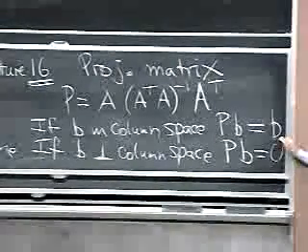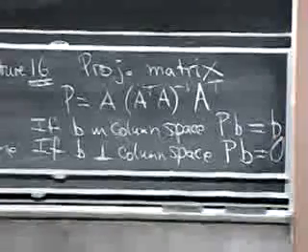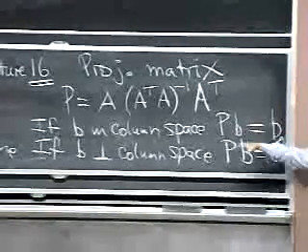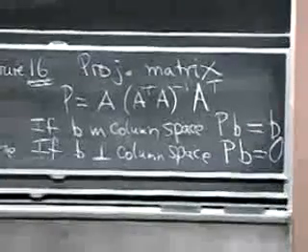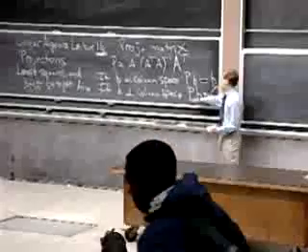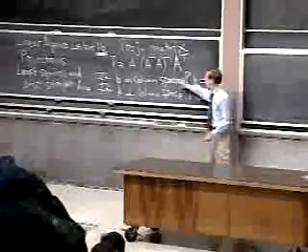Right. So those are the two extreme cases. The average vector has a component p in the column space and a component perpendicular to it, and what the projection does is it kills this part and it preserves this part.